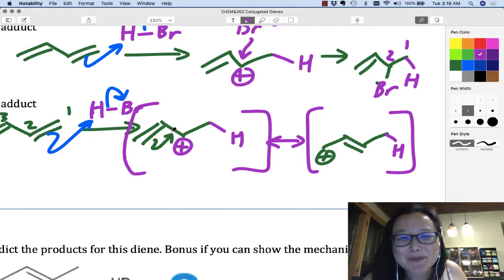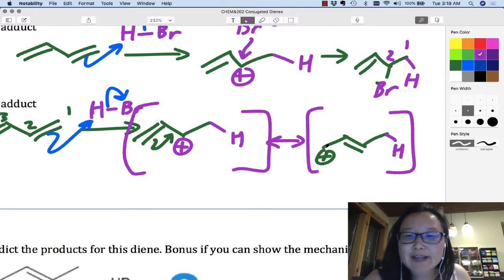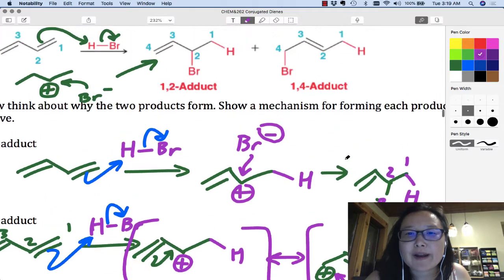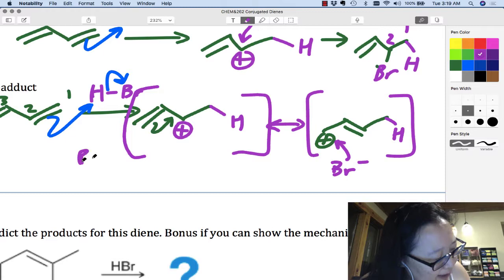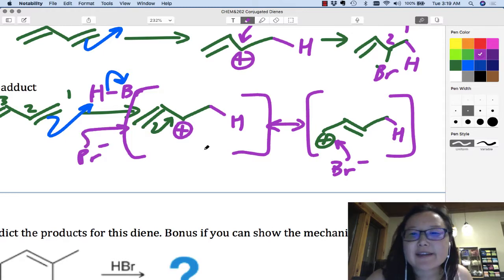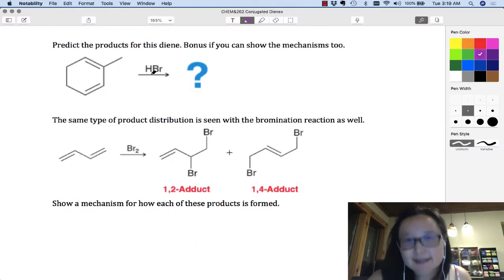Okay, so this moves over here, and then that puts a positive charge there. So because it's not just regular primary, it's primary allylic, this is okay to have, which means the bromide can come and attack here. And that leads to our 1,4 product up here. Another thing you could do is have the bromide attack right here and move that pi bond over to here. Either way is fine.